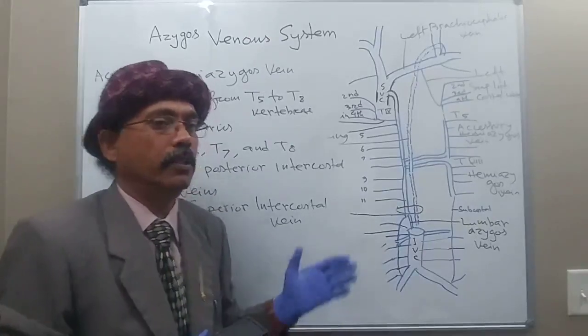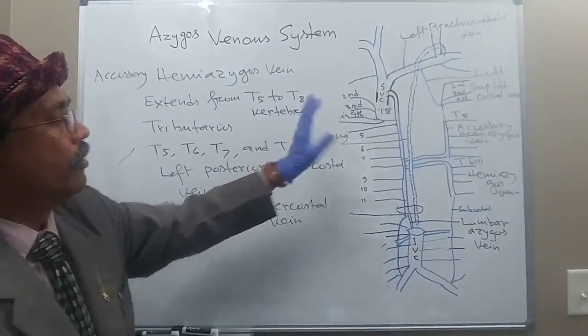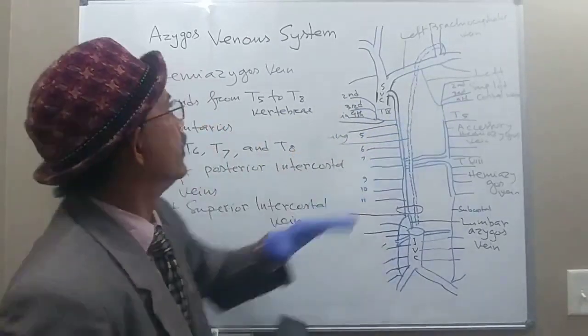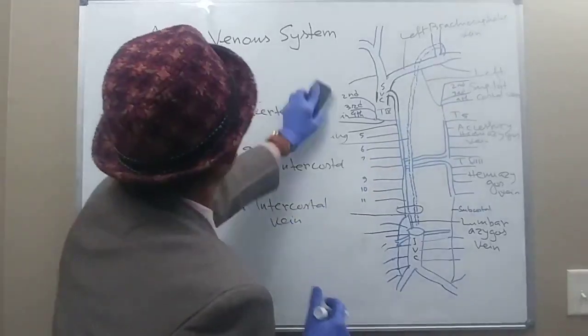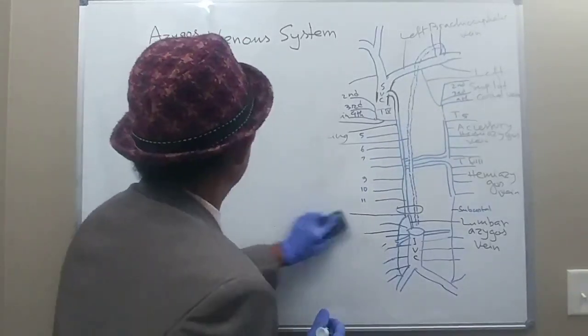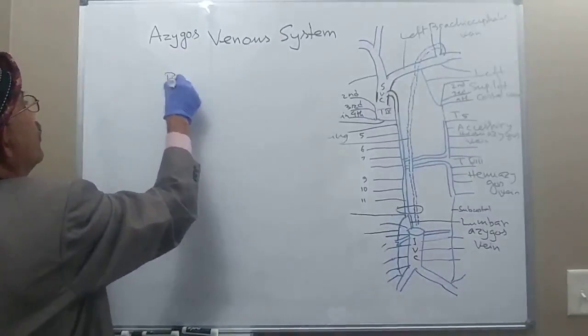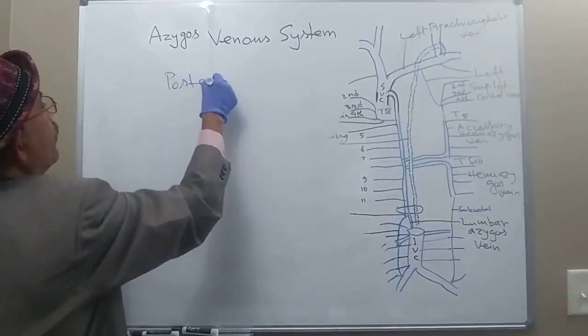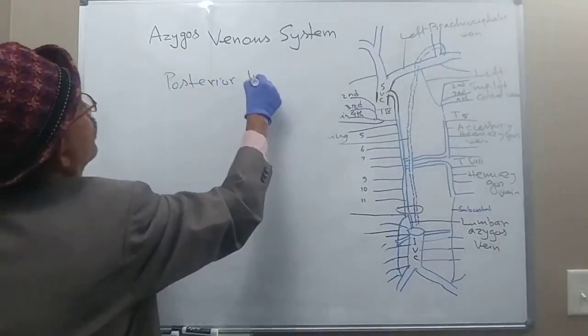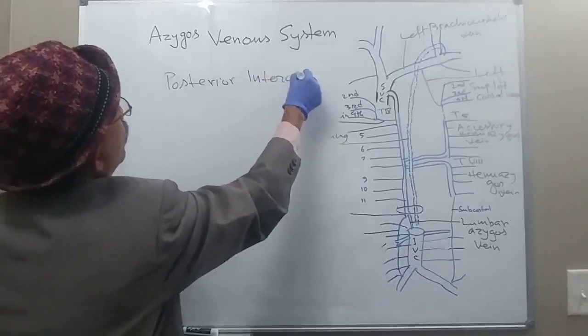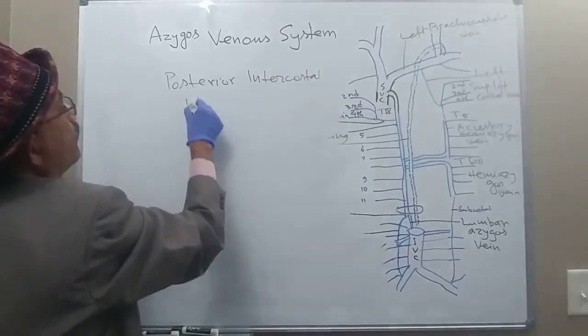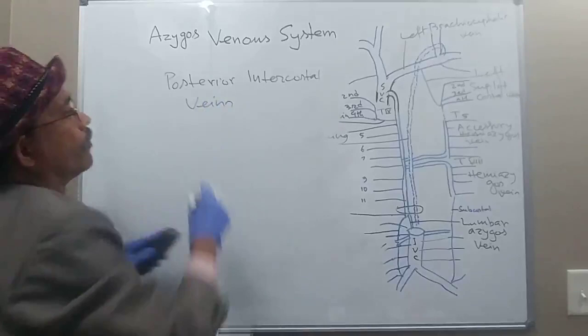So we got the openings. Now we'll go to the posterior intercostal veins and summarize them.